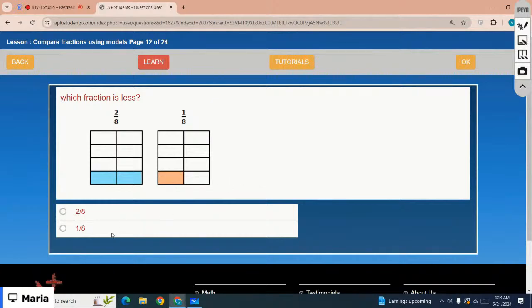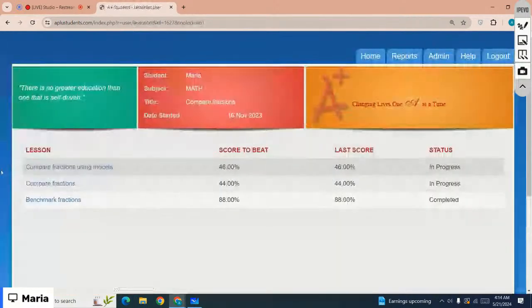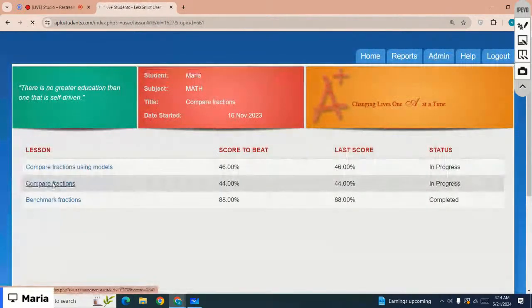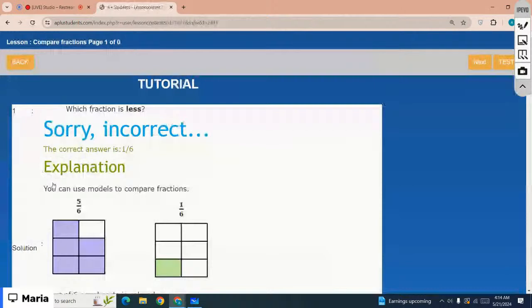Let me just move on to the next lesson, and the next lesson is compare fractions. So let's just see how we compare fractions.